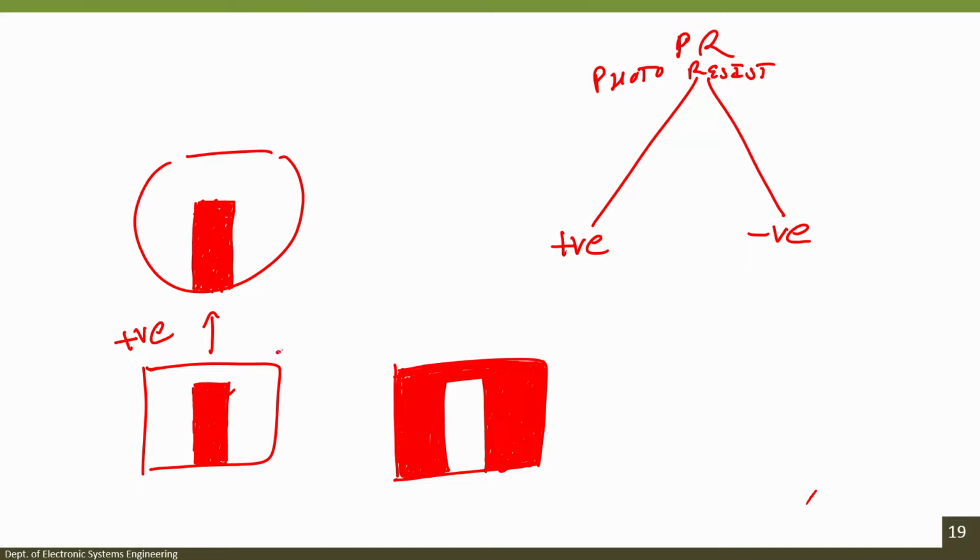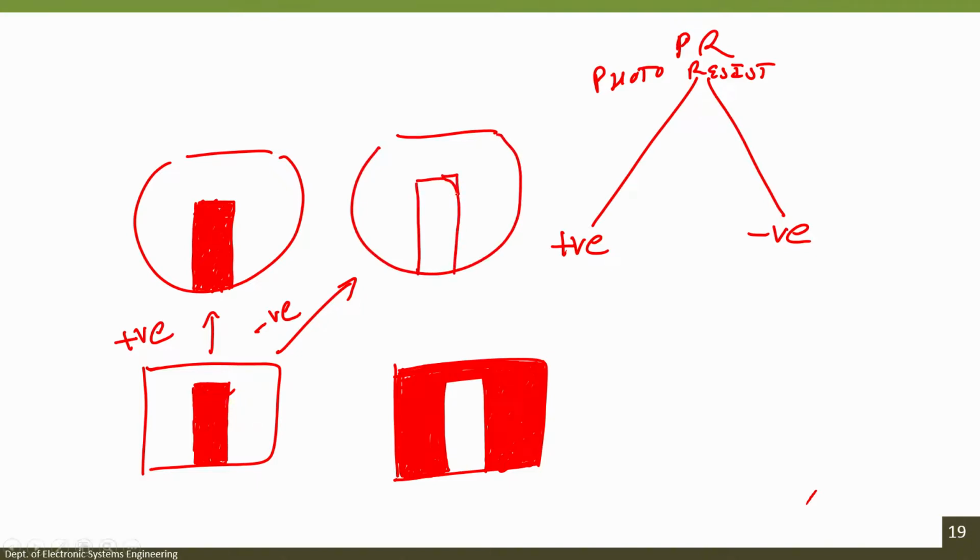But if I go for negative photoresist, my silicon wafer will have this area transparent, and the other area, let me just draw like lines so that we save our time. You assume that this line is completely filled like this one.